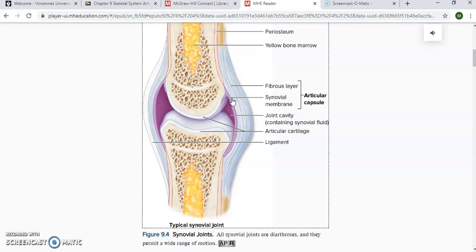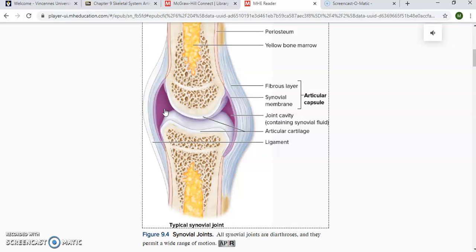It has some specialized cells in there that actually are there to produce the fluid. So this little space, the joint cavity that we said was the space, it's not actually empty. It's not just like air in there. It has fluid, a very viscous, thickened fluid that's kind of oily.